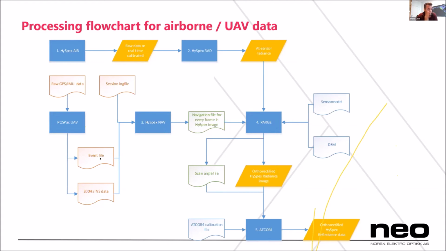That's an event coming from the HySpace system, which is synchronized, of course, with the beginning of each frame of our camera, of our images. Then you have a 200 Hertz INS output. It can be 400, can be 100, depending on the navigation system. But I usually prefer to use systems that have a little bit higher frequency than the cameras.